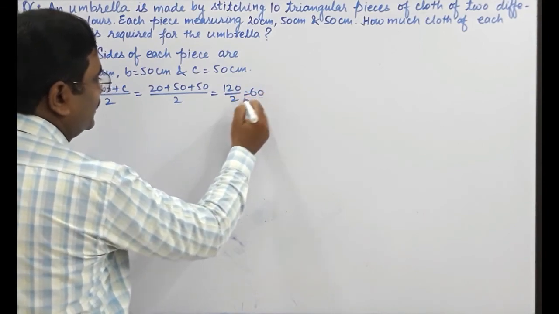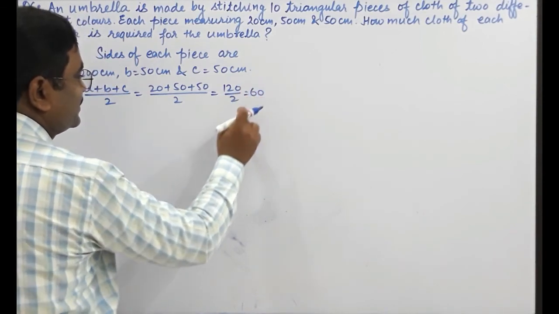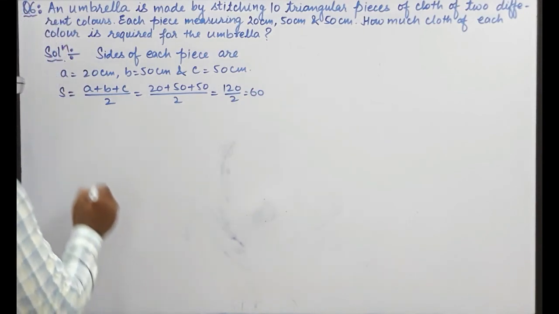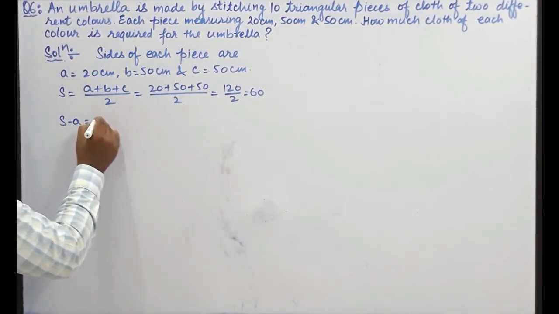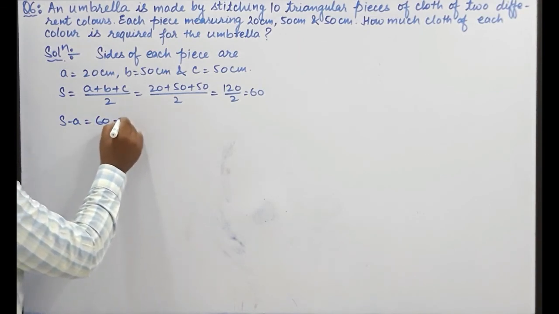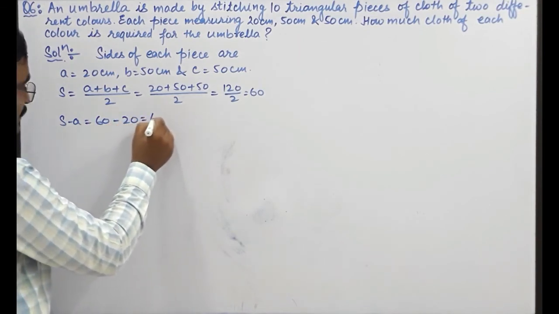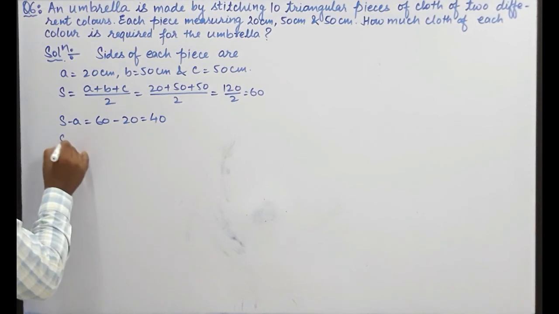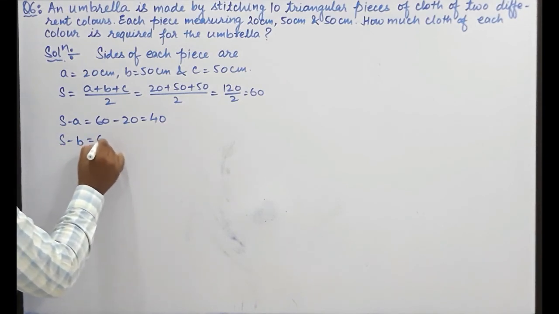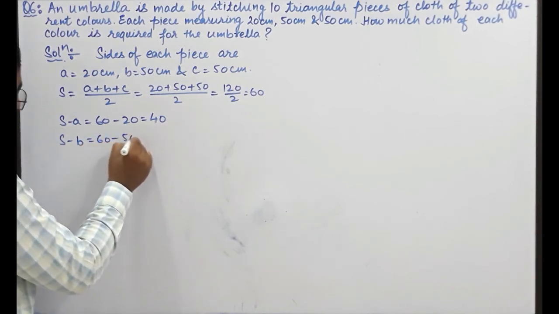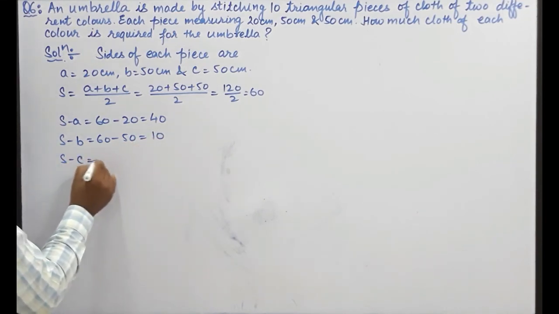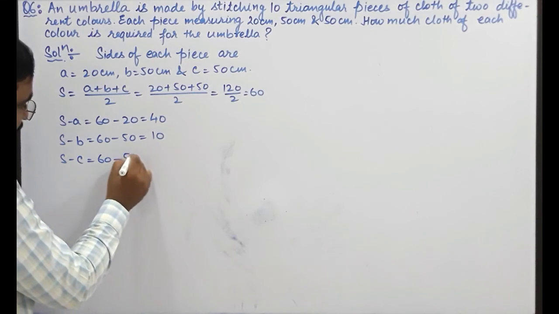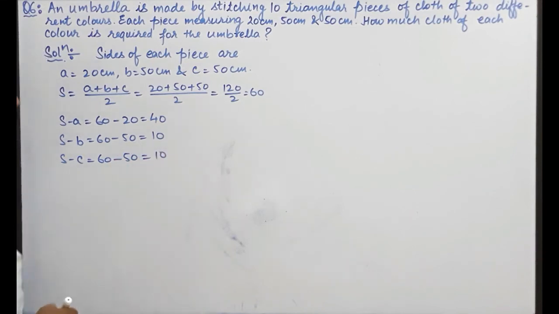It is the value of S, right? Then it is required S minus A, that is 60 minus 20, which is 40. S minus B, 60 minus 50, that is 10. S minus C, which is 60 minus 50, is also 10.